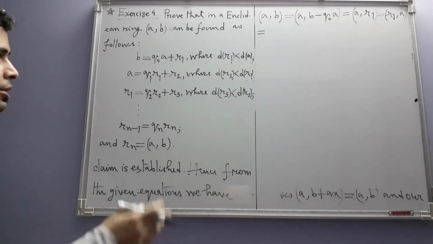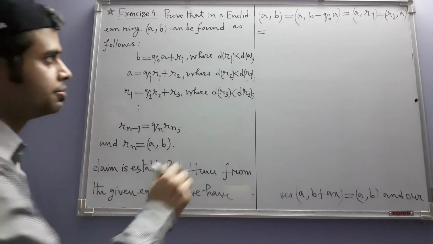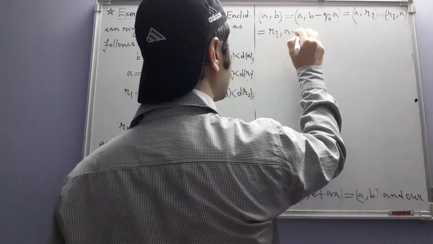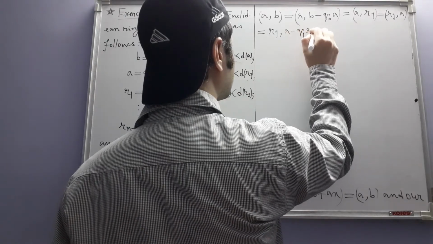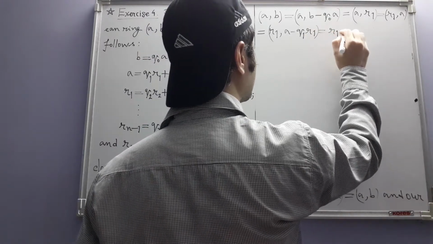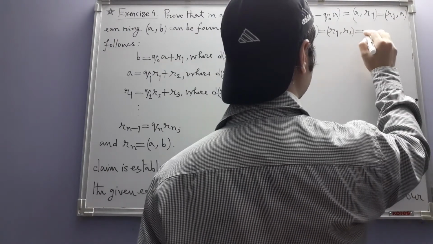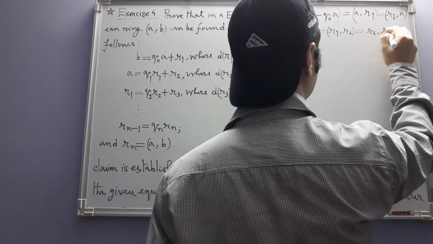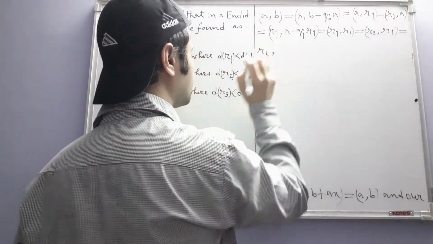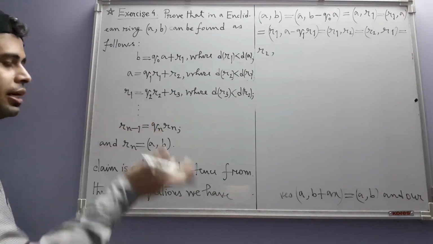And you continue the process. Now in place of A, you can write A minus Q1 R1. So this becomes R1 comma R2, and let us just write one more step: R2 comma R1, which is equal to R2 comma, in place of R1 we can write R1 minus Q2 R2.